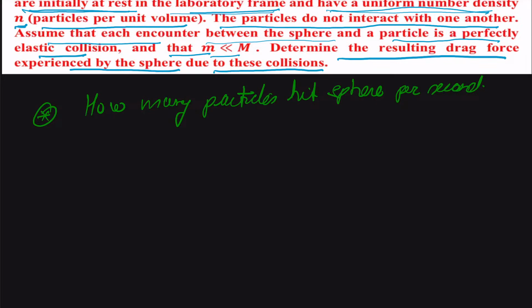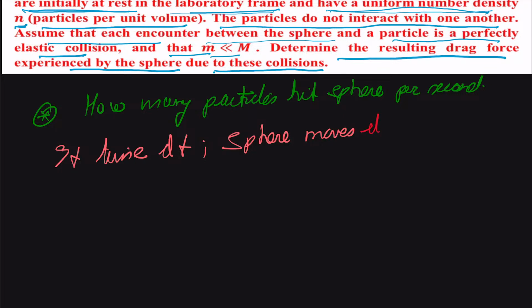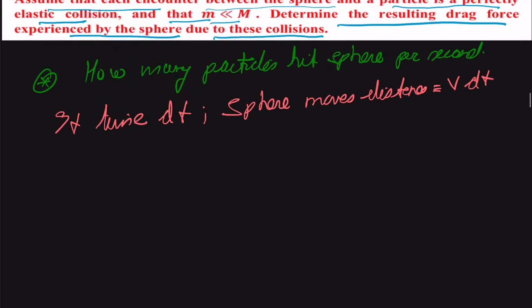In time dt, a small time interval, the sphere moves a distance equal to its velocity multiplied by dt. Okay. So it means it sweeps out a cylinder of volume.